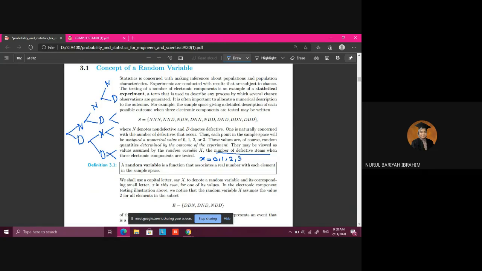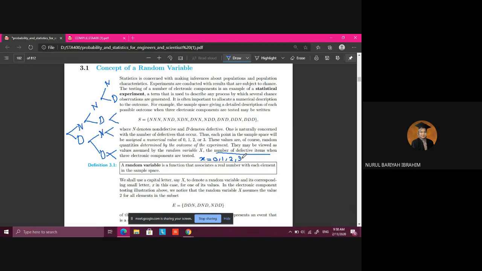This is what was called the numerical description, the possible outcomes for the random variable X. It can be 0 defective, it can be 1 defective, it can be 2 defective, it can be 3 defective.